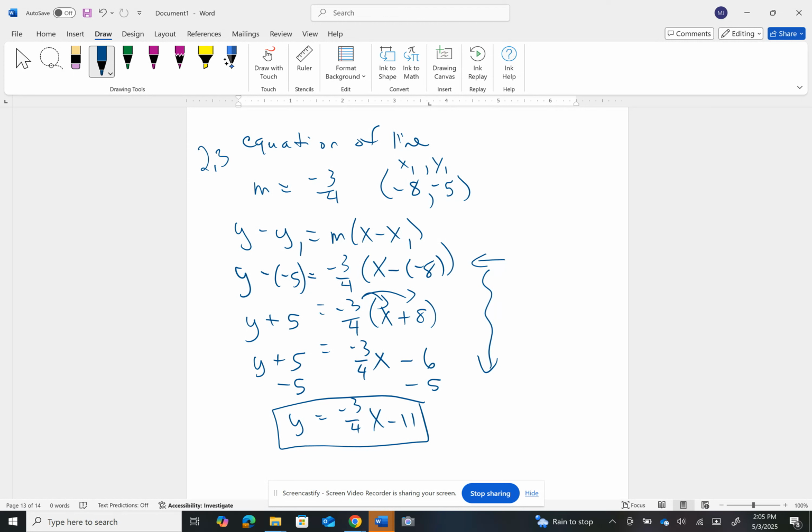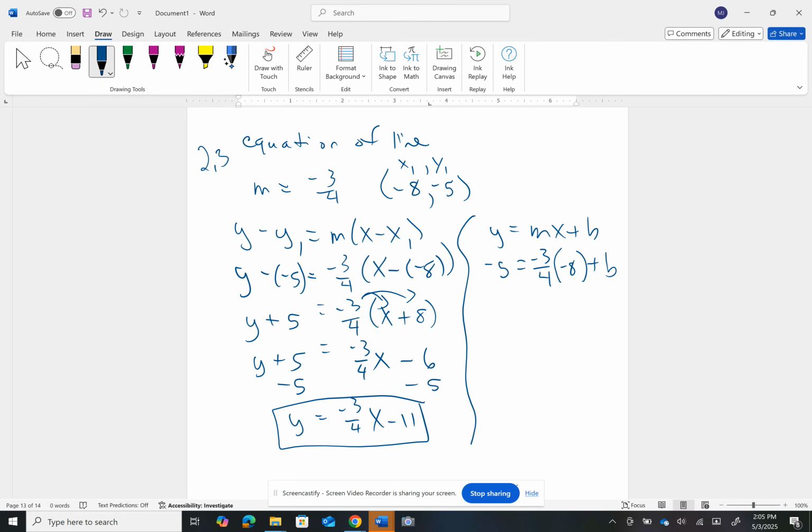Now, those of you that like to use y equals mx plus b from start to finish, I'm okay with that. If you prefer this method because y equals mx plus b is easier to remember, then you need to know that m is -3/4, that you would put the -8 where x is and the -5 where y is, and you would be finding what the b value equals.